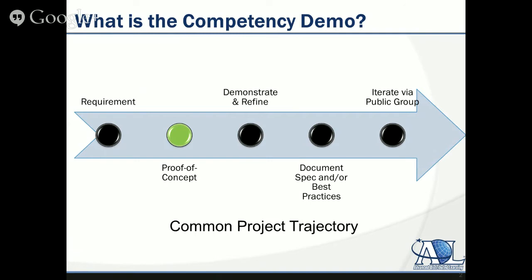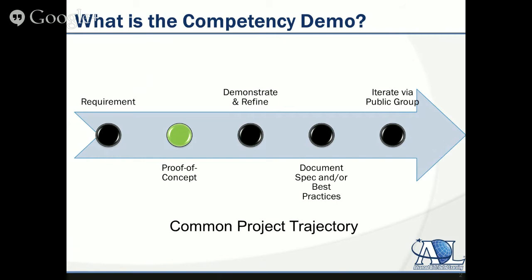What we're going to see today, Tom's demo, or the competency demo, is one of these proofs of concept. However, in this case, it's working pretty well, and it has the potential to be pretty large in scope and inform many of the future projects that will be coming out of ADL.